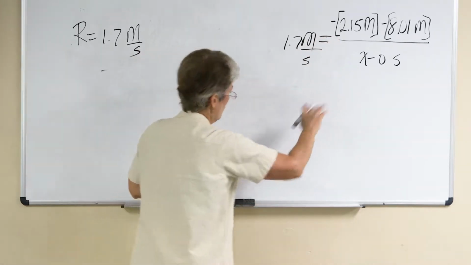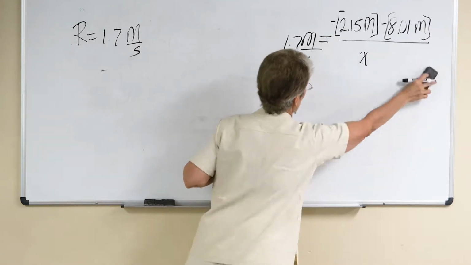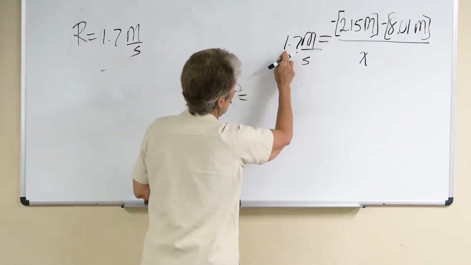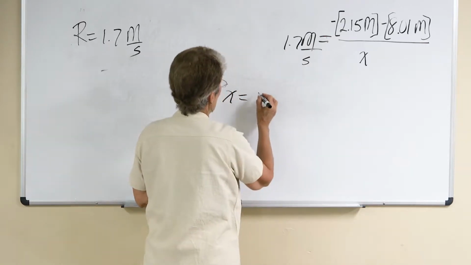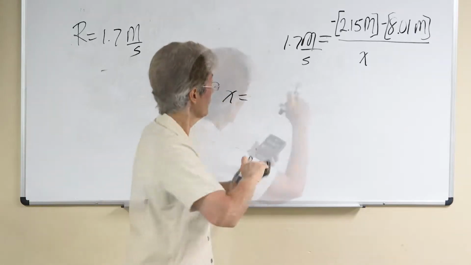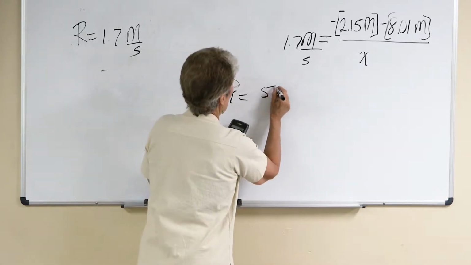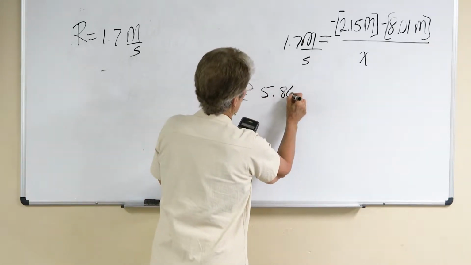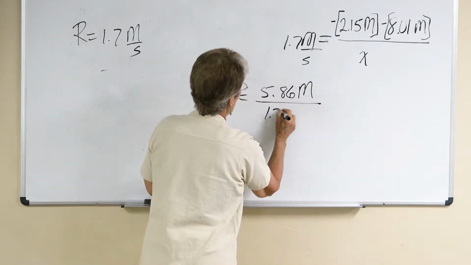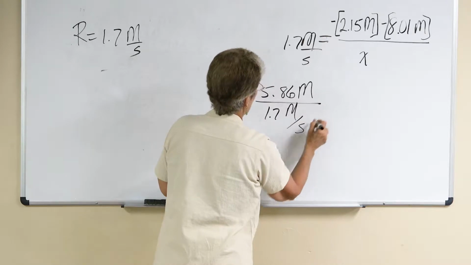Now I'm going to multiply X up here, and then divide both sides by the rate. Let's see what that top is. With 3 significant figures, I get 5.86 molar divided by 1.7 molar per second.